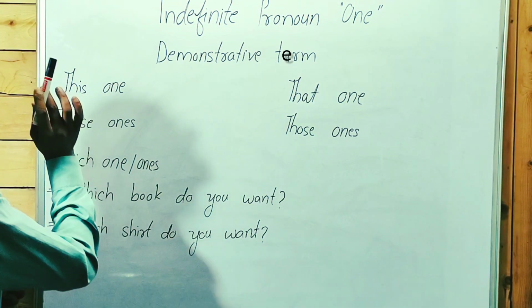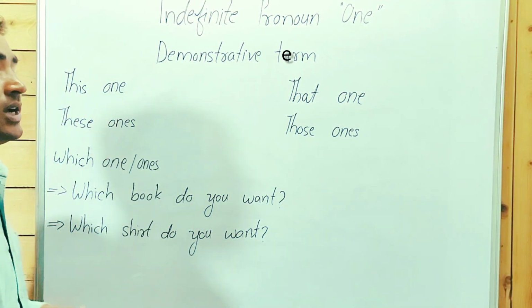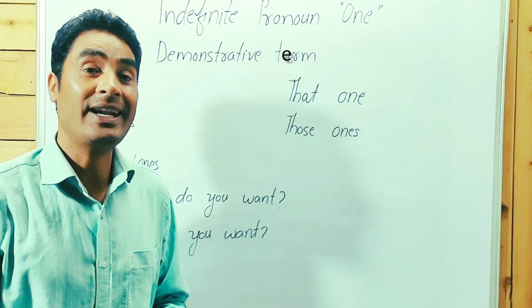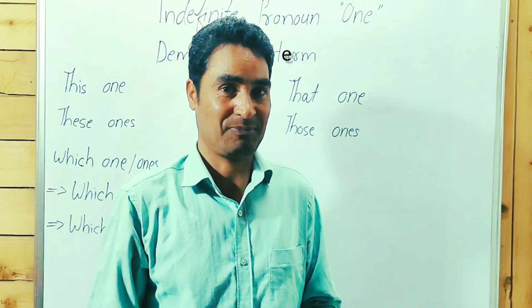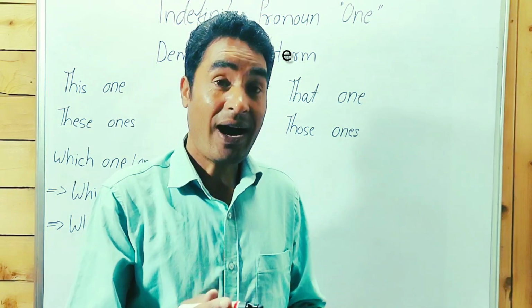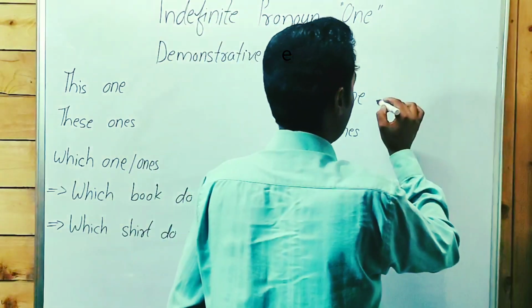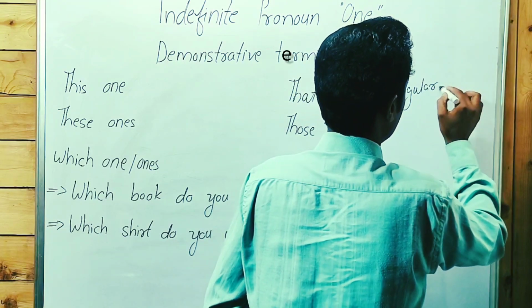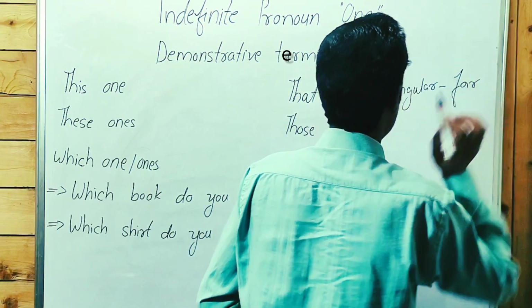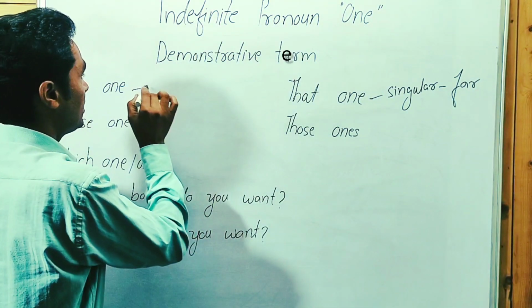When we talk about objects, this is used for near and singular objects. That is used for far and singular objects. Let me write singular and far.